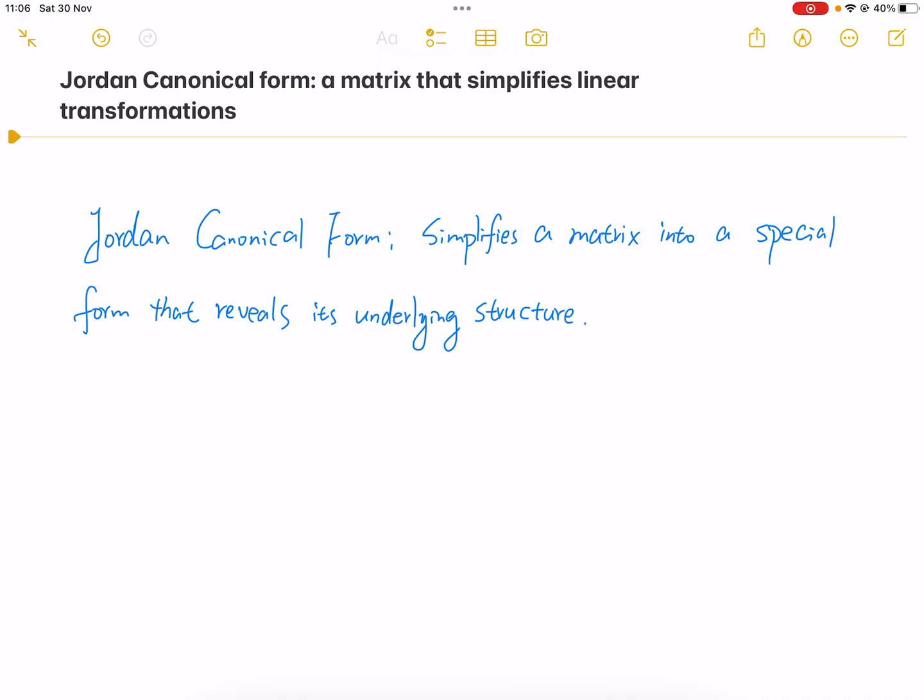It's super useful, especially when eigenvalues are repeated. This form is a diagonal-like matrix with blocks called Jordan blocks.